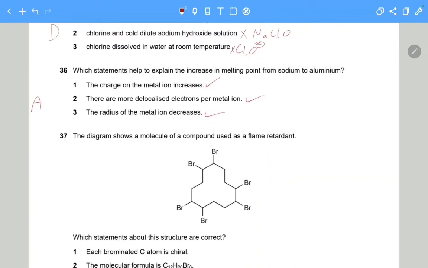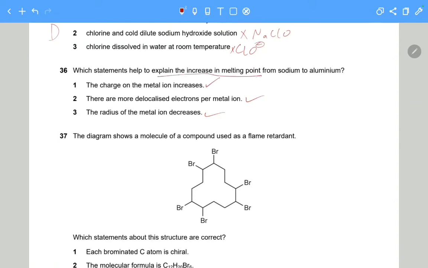Actually, going back to question 36, I just realized that this should not be A, because even though all these options are correct, we jumped from the question, which is what I was trying to explain to you right in the beginning of the paper. Read the question carefully.